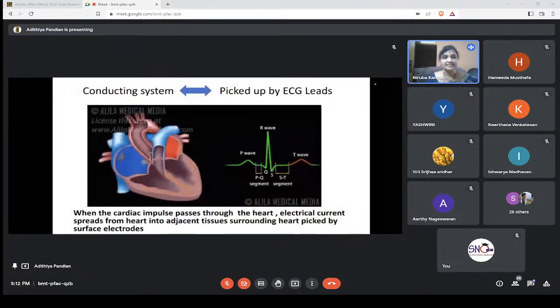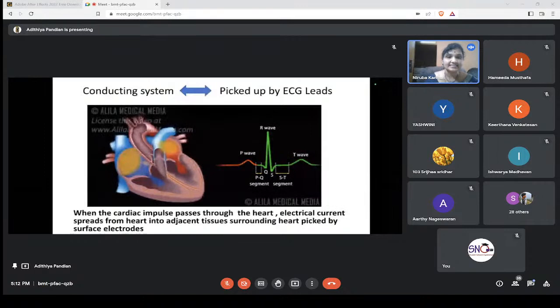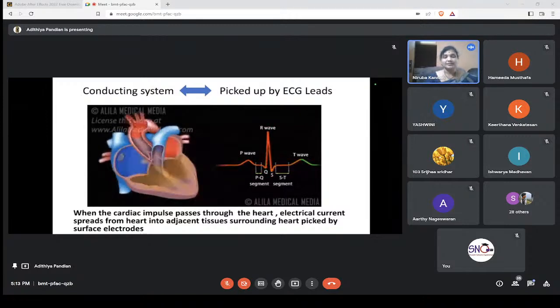So what is ECG? What is picked up in the ECG leads? It is only the conducting system of the heart, which you write many times as a short note in your physiology. It is the conducting system from the SA node to the AV node, then the bundle branches, then your Purkinje fibers. All this is recorded at the same time as your P, Q, R, S, and T waves.